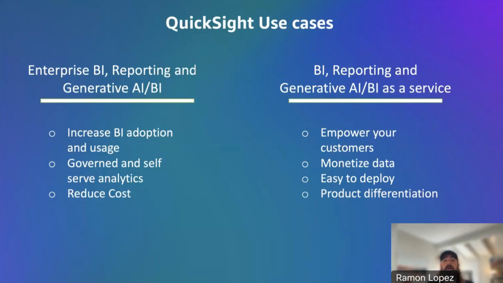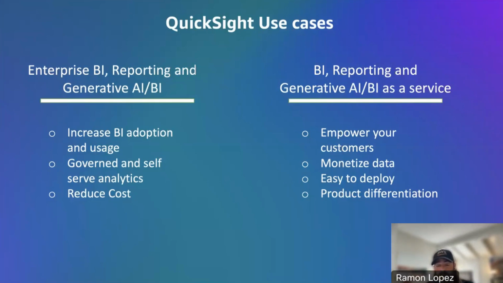Then we have the other scenario where we're looking at BI reporting and generative AI BI as a service. So we're providing these capabilities for other users. These users could be your customers, it could be your customers' customers, it could be other organizations that you work with, that you partner with.